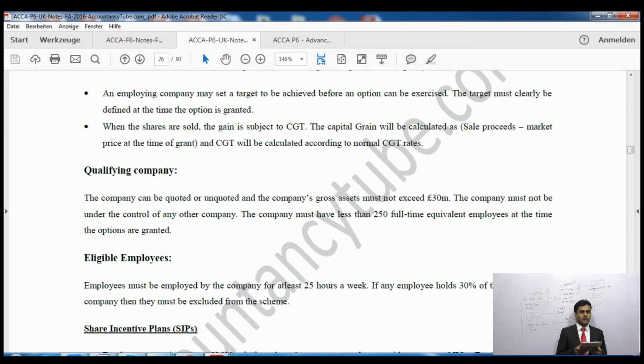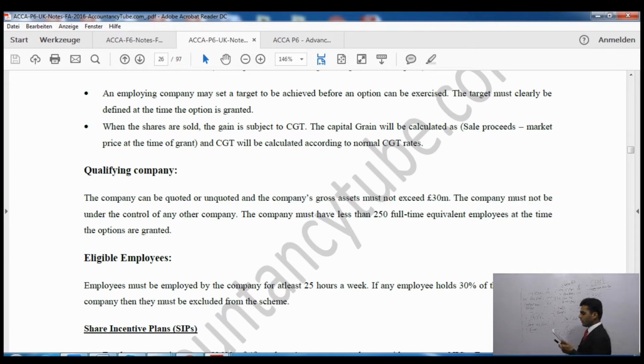Capital gains will be calculated as sales proceeds less market value at the time of grant. We will see when we move to our capital gains tax, we'll just take the sales less the cost which we have paid for it. So in this case it will be sales less market value at the time of grant, which will be the amount which we have paid, obviously. So it is a normal way to calculate CGT.